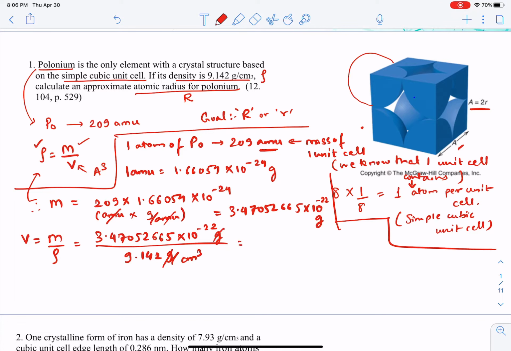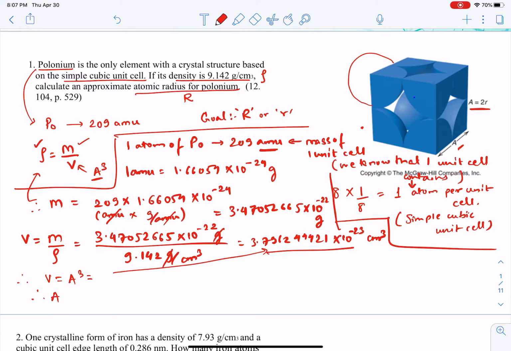Grams cancel, and what we have is 3.796244 times 10 raised to minus 23 centimeter cube. So this is the volume. Now, we know that the volume is equal to the side cubed, a cube, so now I will try to find a from v equal to a cube equal to this value.